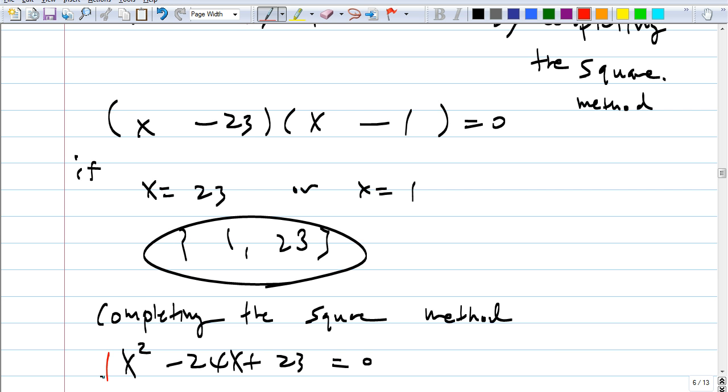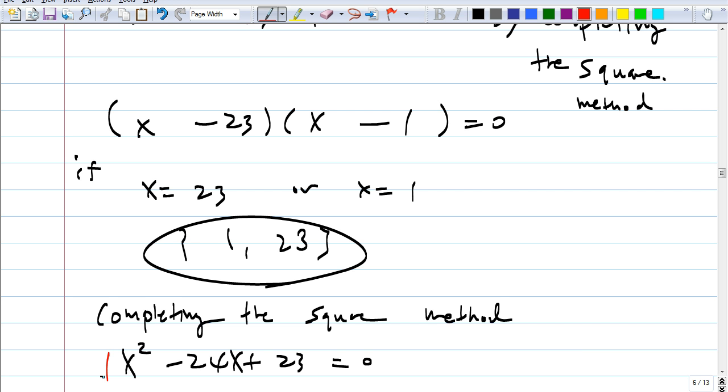No, it's not. What makes it so that it's not a perfect square trinomial? Oh, no, this is 23. So you mean 23, right? Yeah, sorry. The number 23 is the one that's causing it not to be a perfect square trinomial. Does that make sense?